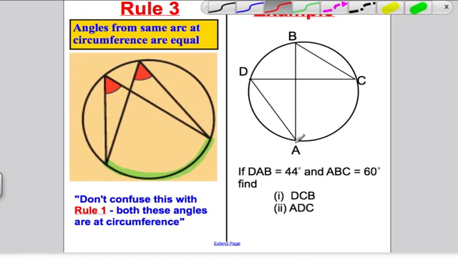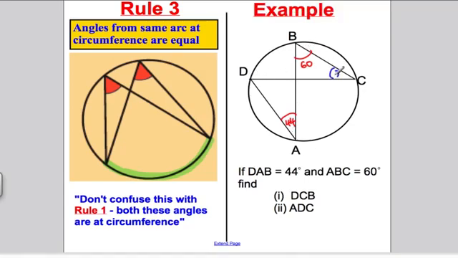D to A to B is 44, and A to B to C is 60. It asks us to find DCB, that one, and it asks us to find ADC, that one. Okay, so we've got to find these. Now, obviously, X and Y are either 44 and 60. It's about getting it right.